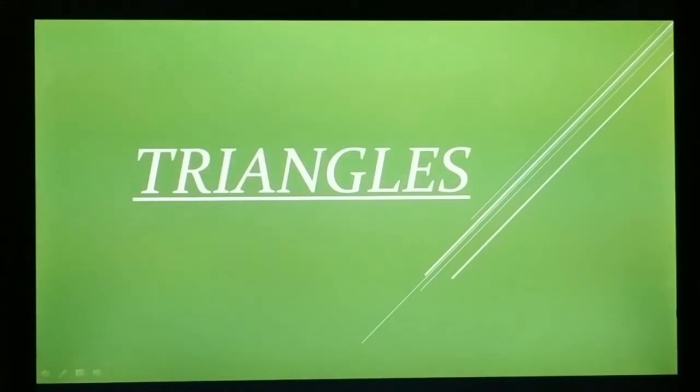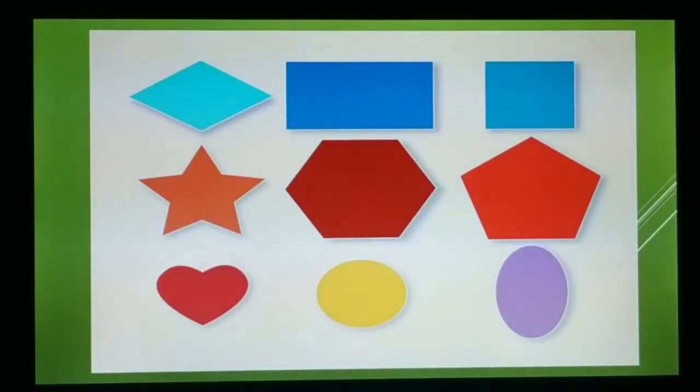Let's look at some of the different shapes. Do you think this is a triangle? No. Do you think this is a triangle? Definitely not. Is this a triangle?